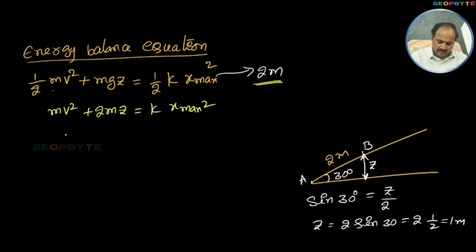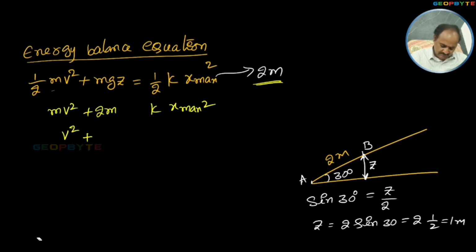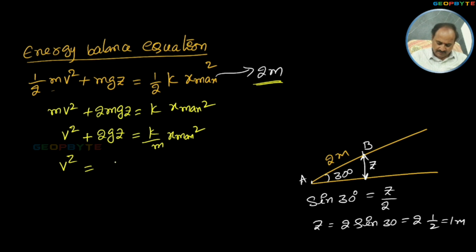Dividing by m on both sides, v square plus 2gz equals k by m into x max whole square. So v square equals k by mass into x max whole square minus 2gz.